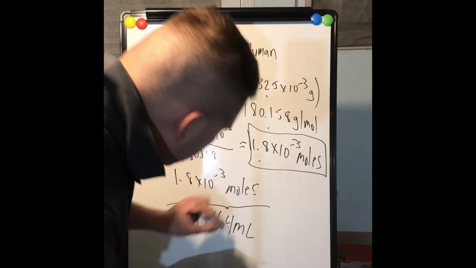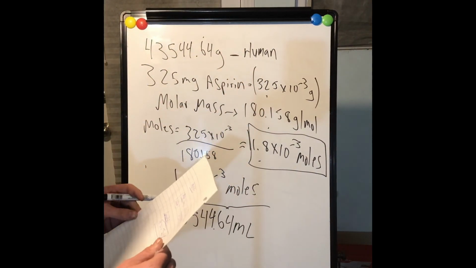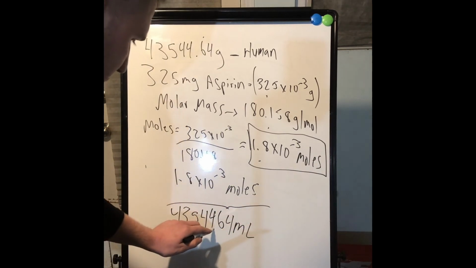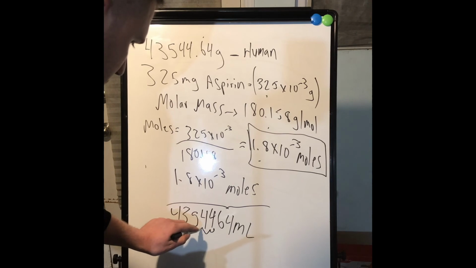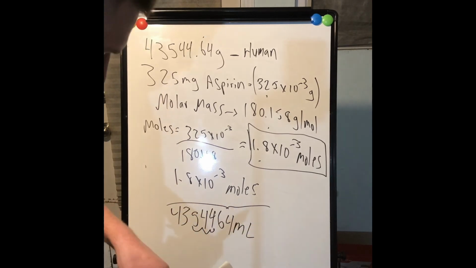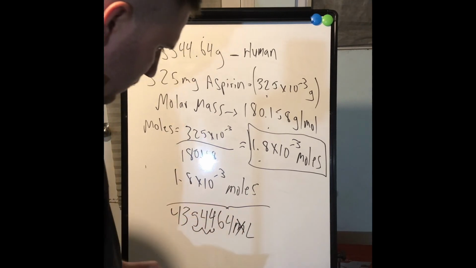This gives us moles per milliliter, but we want to know moles per liter. So we can multiply this one by 1,000. Now we can cross that out, so we have just liters.